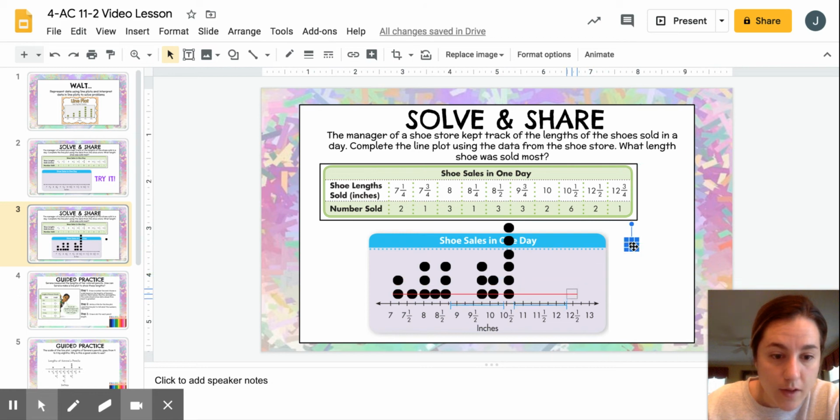Here's 12 and 1/2. If you run out, you can just copy and paste. And 12 and 3/4 has 1.